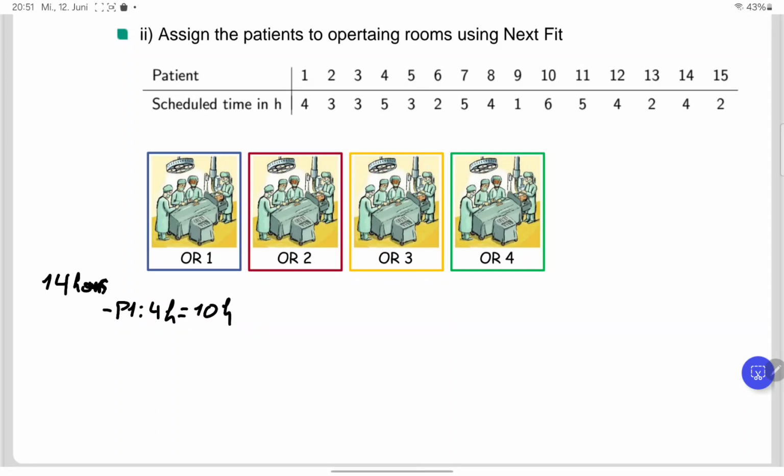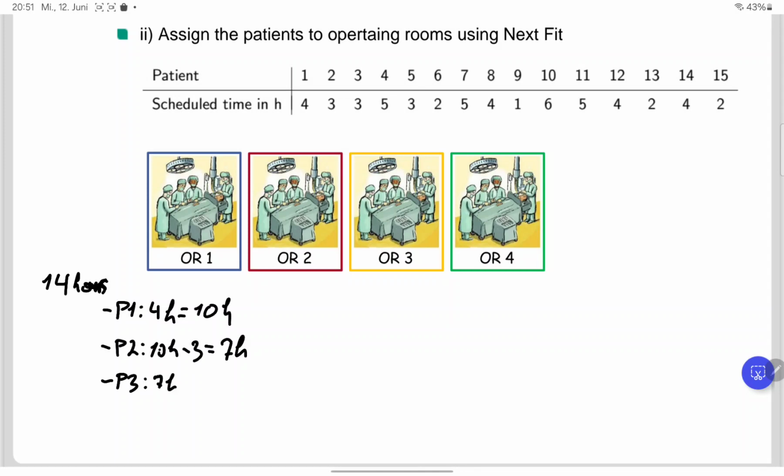Okay, so 10 hours is fine. We can also take the second patient. That would mean 10 hours is left minus 3 hours for the second patient, and we still have 7 hours of capacity left. So that means we can also use the third patient and assign him to the first operating room.